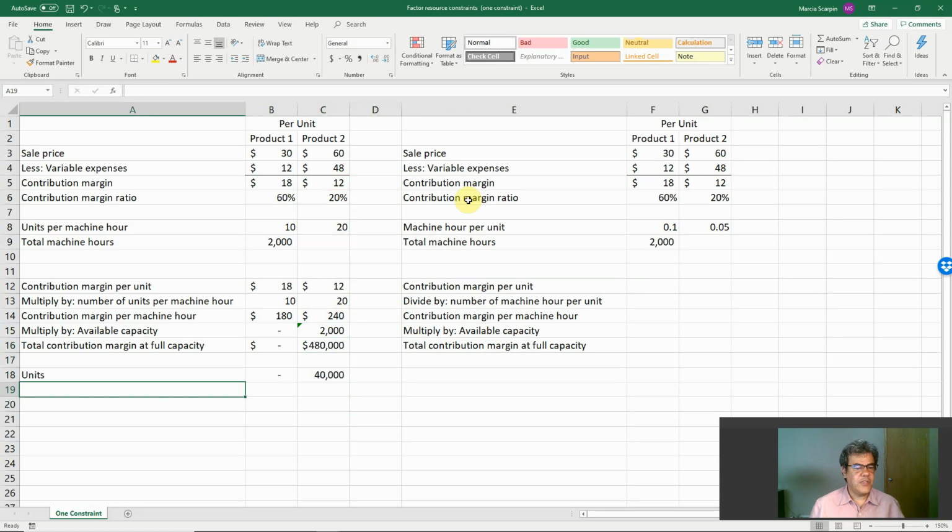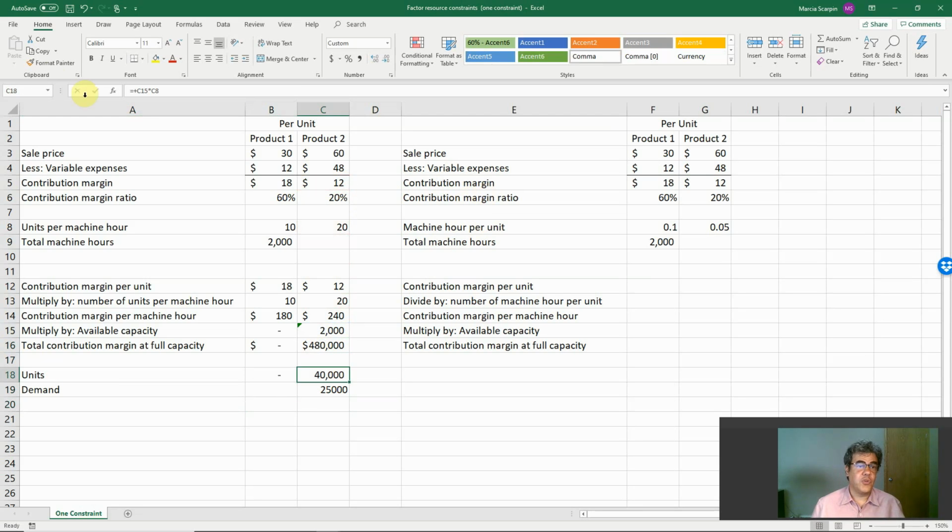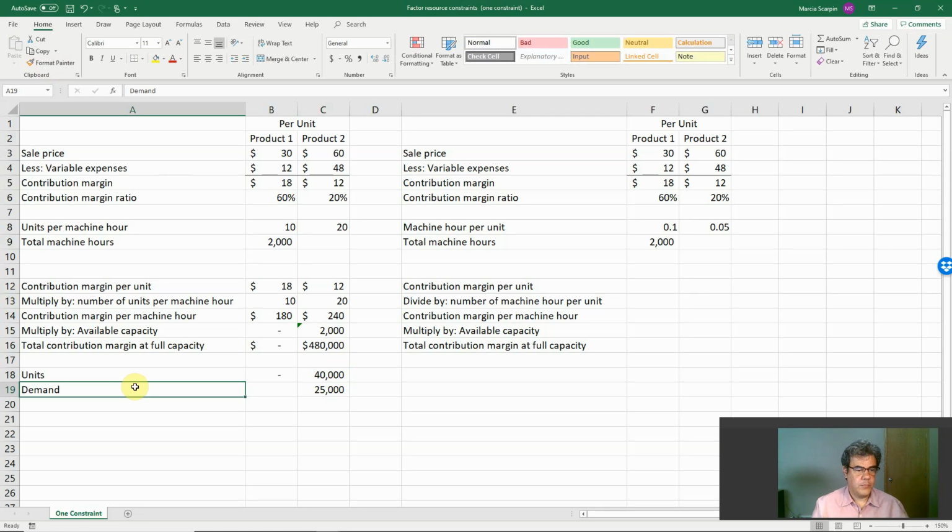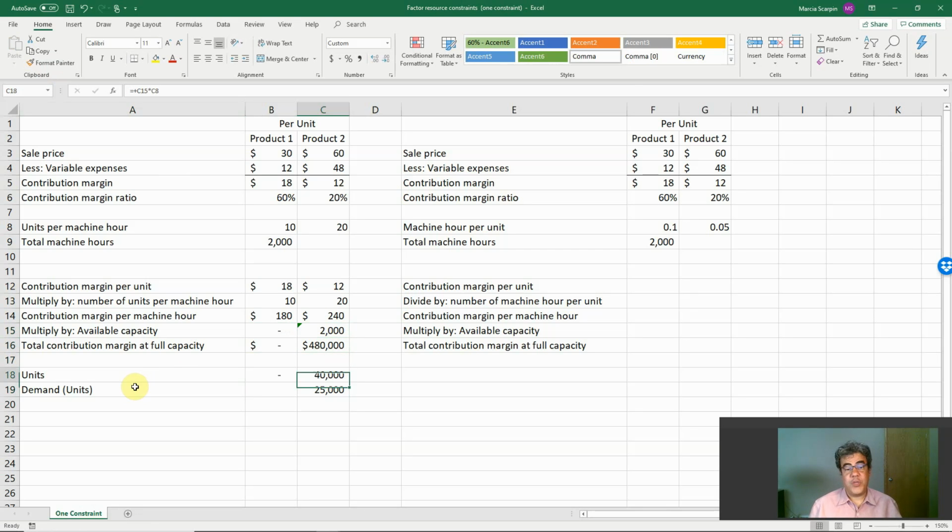However, let's consider that our demand is only for 25,000 units. If we work with only 25,000 units, how many hours do we need?